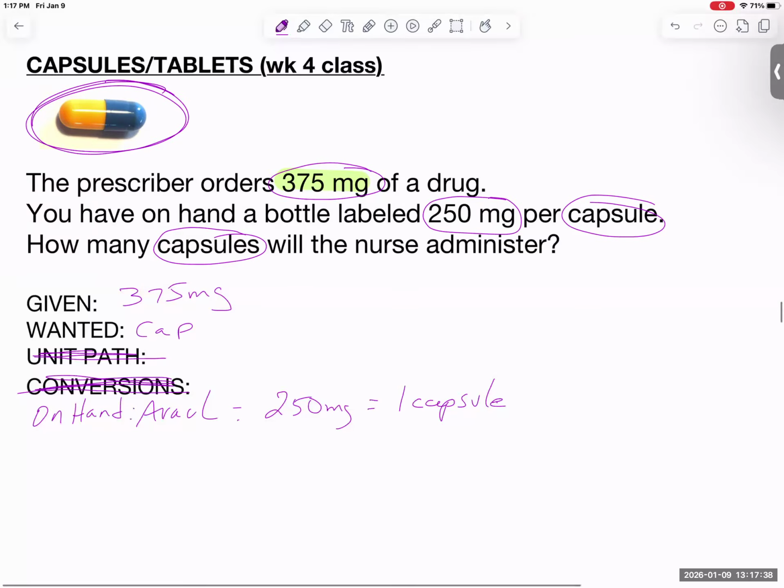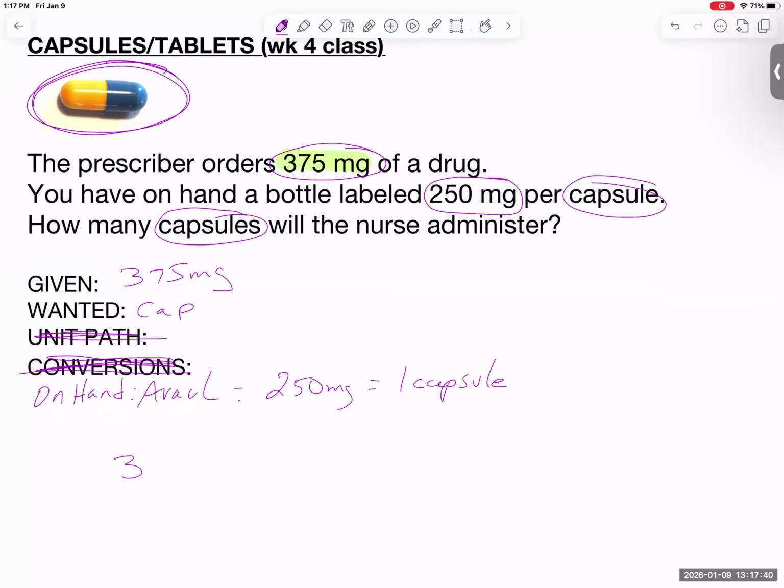So I start with my given, 375 milligrams over 1. My wanted is capsules because that's what's available to me. It's not milliliters. It's not ounces. It's not a tablet. What I have is a capsule. So now how do I get rid of milligrams and get capsule in my numerator?